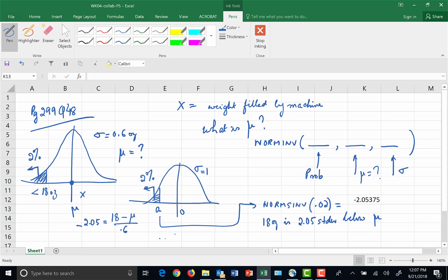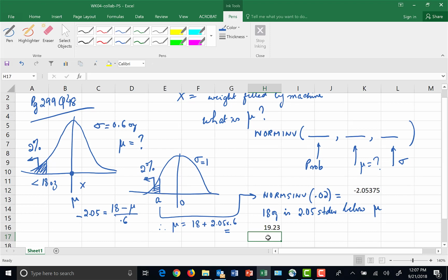Therefore, mu is equal to, if you just move things around a little bit, 18 plus 2.05 times 0.6, which is equal to, let's see what this turns out to be, 18 plus 2.05 times 0.6 is equal to 19.23.